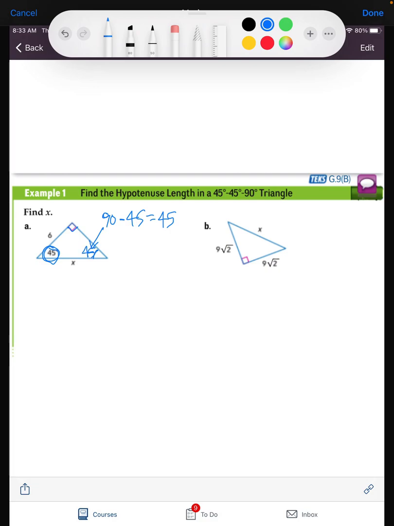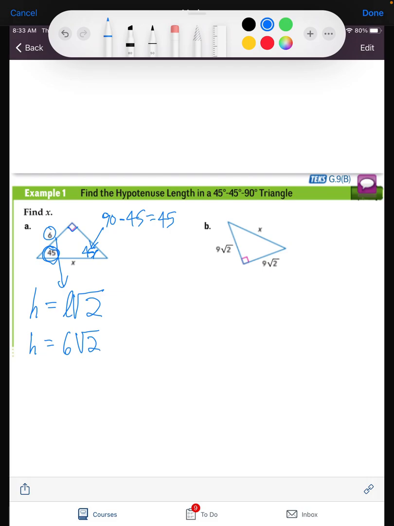So we have a 45, 45, 90 triangle. Then we can use the theorem we just discussed, theorem 8.8, the 45, 45, 90 triangle theorem. That tells us that h equals L square root of 2. So hypotenuse equals leg times the square root of 2. One of the legs here is 6, so we substitute 6 in for L: h equals 6 times the square root of 2.